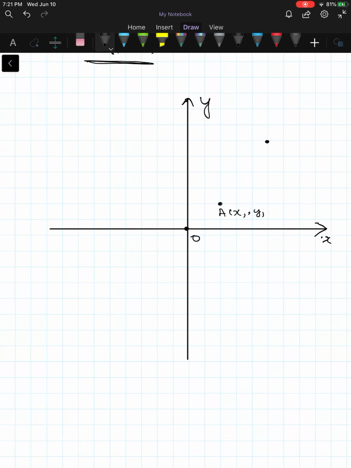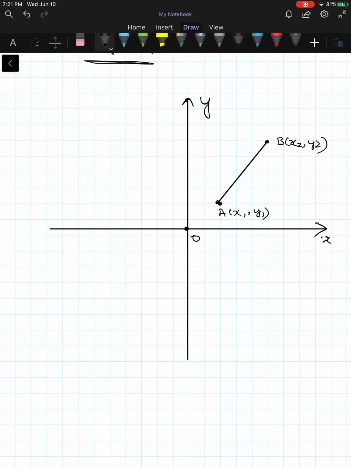This would be A of x1 comma y1 and this is B of x2 comma y2. We have to find out the length of this particular line.